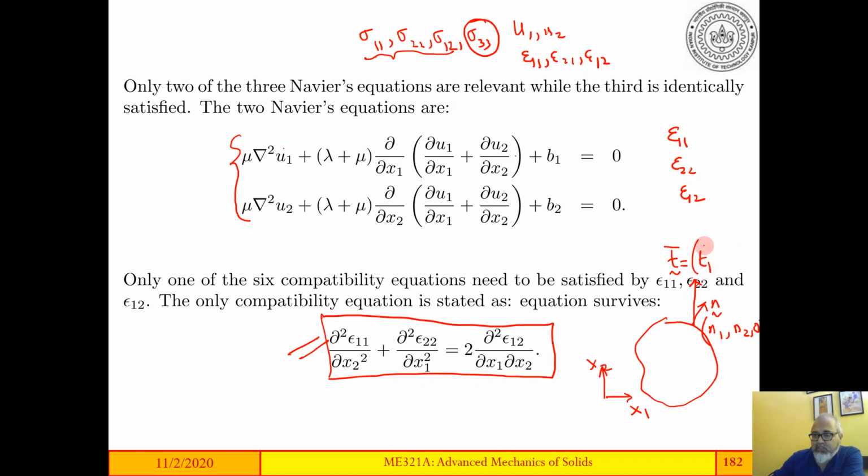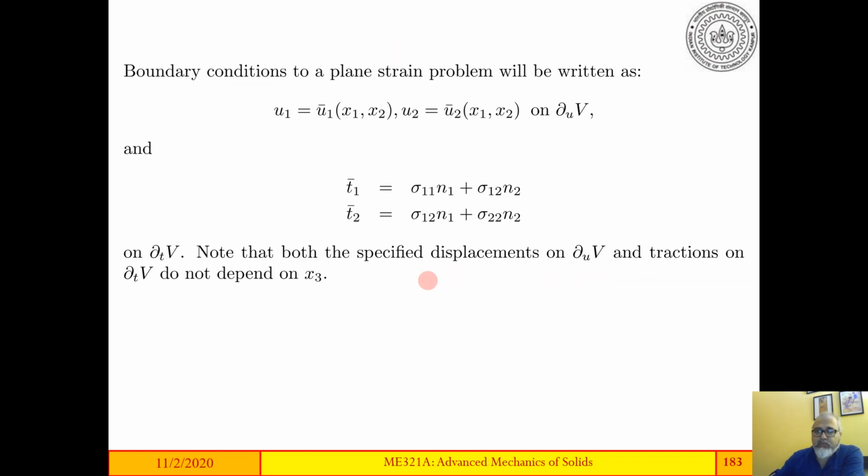Every loading has to be in the x1 x2 plane, so it will be T1 bar, T2 bar, and 0. Therefore the Cauchy relations will now reduce to just this. Remember, the Cauchy relation is Ti bar equal to sigma ji nj, and since nj can be n1, n2, 0, the n3 term will not be there.